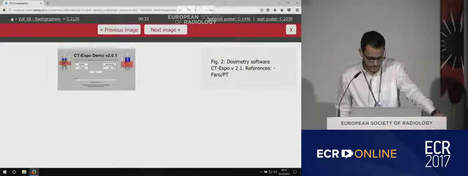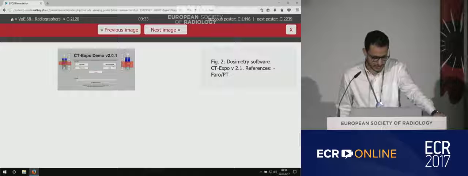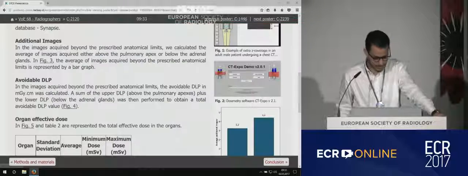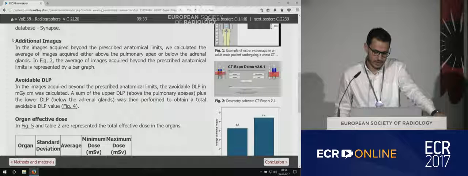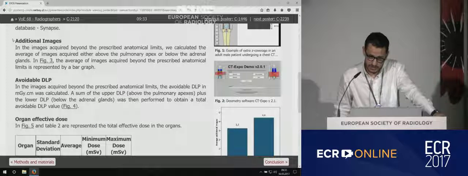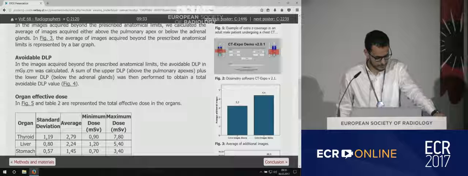This is the software we use. It's not very big, the images, but this is just a demonstration. You can choose the patient and the area that you study. We also then analyzed how many additional images we acquired.